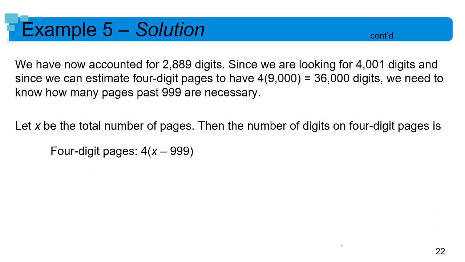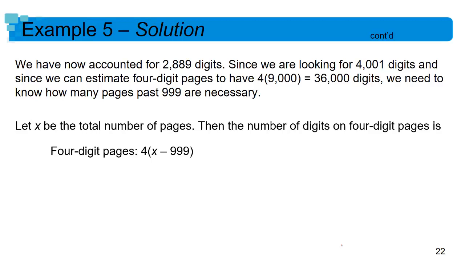But we can actually figure out how many of those 4-digit pages we have, right? Because we have 1,000 and above, so that's 4 digits, 1 and 3 zeros. So we need to figure out how many of those there are. Well, it's going to be 4 times something minus 999, because that's the total pages minus the 999 that we already did, right?